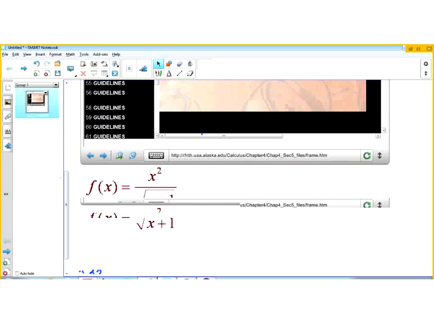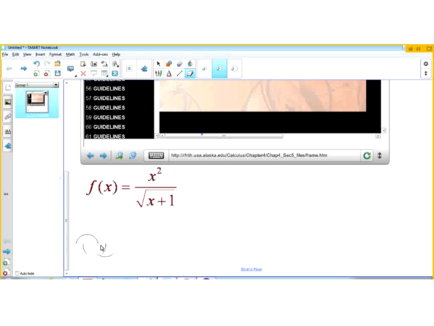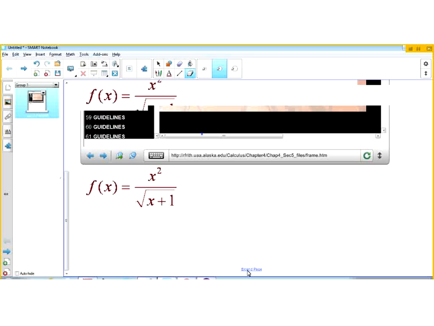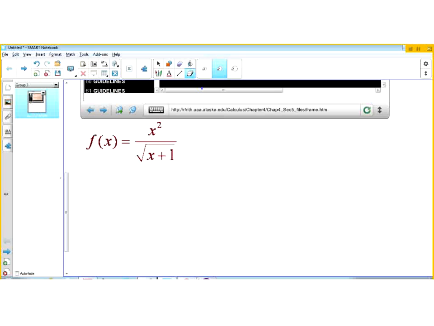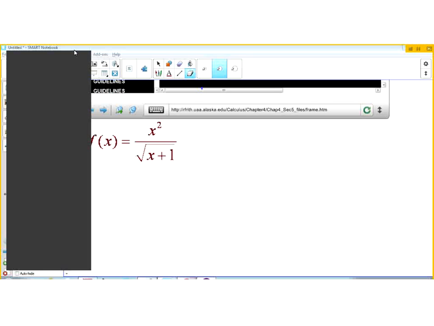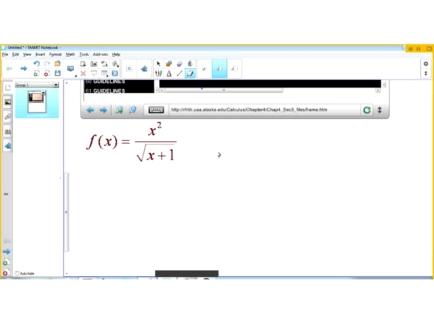And so the question is, the limit as x approaches infinity of f of x. Okay, and so this is an indeterminate form, right? So this is where L'Hopital's rule comes to the aid.